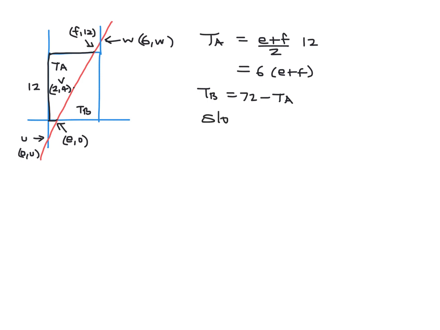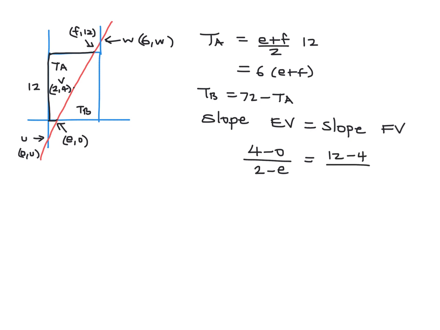So the slope of EV is going to be the same as the slope of FV, right? Okay. All right, so that's going to be 4 minus, let's do this carefully, 4 minus 0 over 2 minus E, and that's the same as 12 minus 4 over F minus 2.